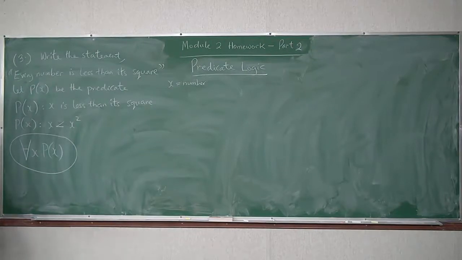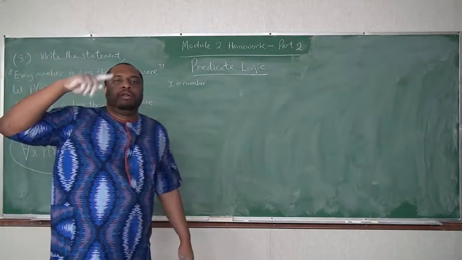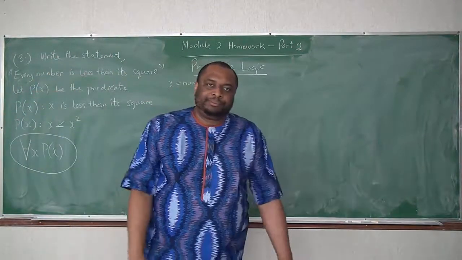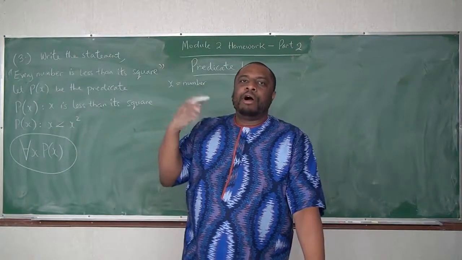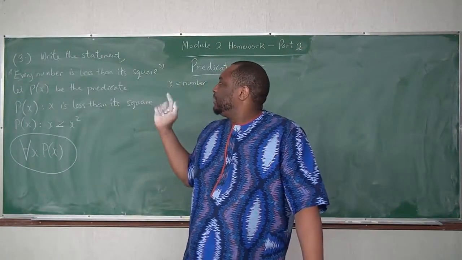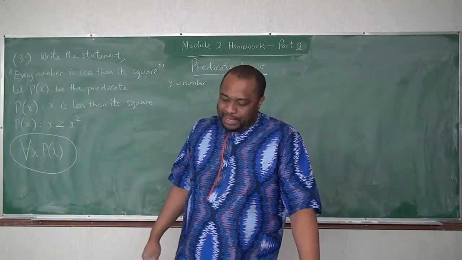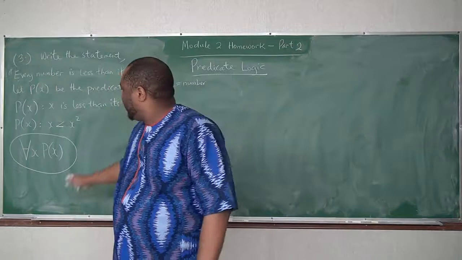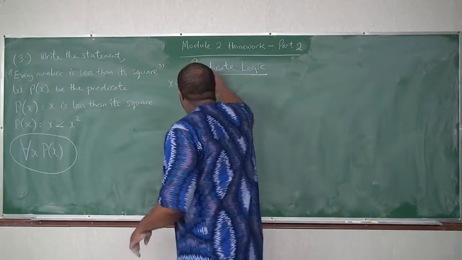Or you can say for every, it could be for all. Like your A, put it upside down. It is a universal quantifier. For all x, x is less than x squared. And that is the answer for question 3.